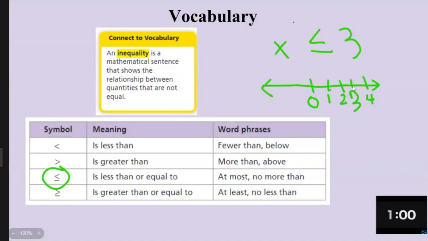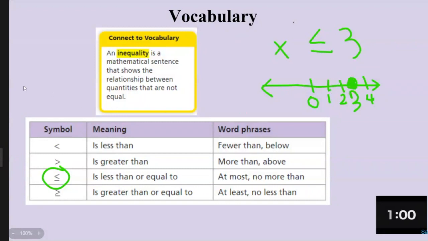If we were to graph this inequality, this would mean that the value of x is less than or equal to 3. So we can encircle the 3, and not only encircle it, but color it in, because x equals 3 is part of the solution.